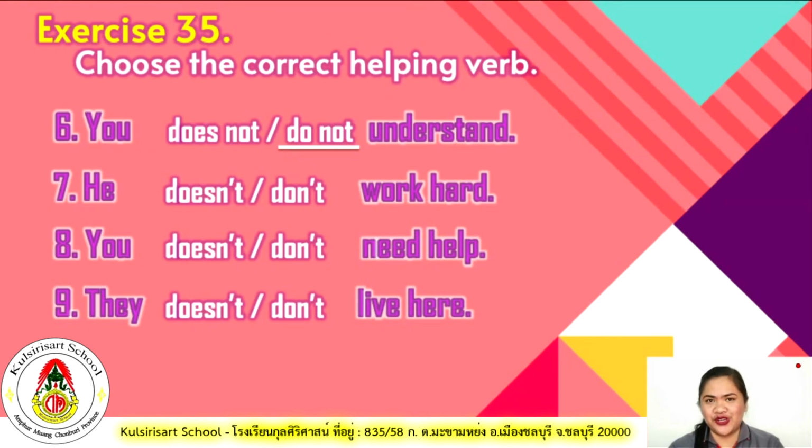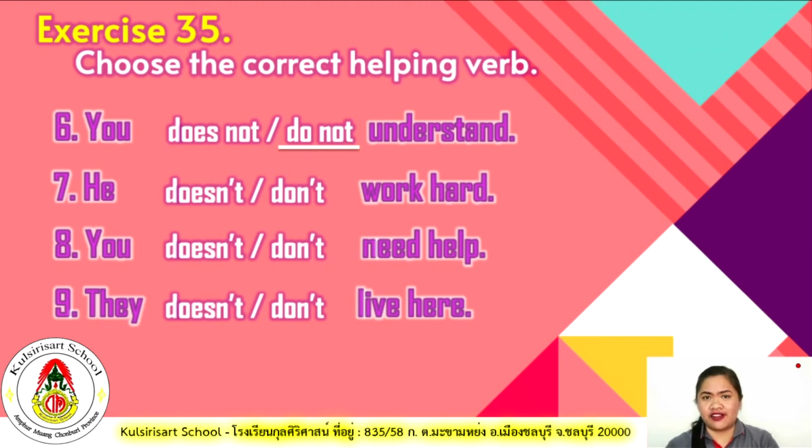Next, number 7. Number 7, he don't work hard. Now, as what you can observe, class, the sentence is using the contracted form, doesn't and don't. And the subject here is he. Again, the pronoun he. So, what do you think is he?